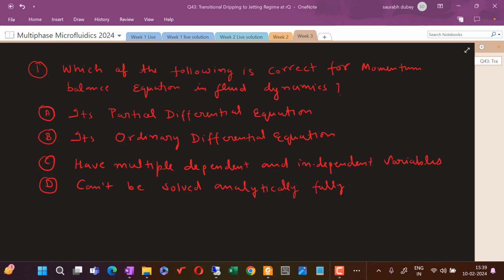So there are different variables, and these are the dependent variables. And the independent variables which play their role are time and x, y, z. So time and the space coordinates, that is x, y, z, form some important reasons.